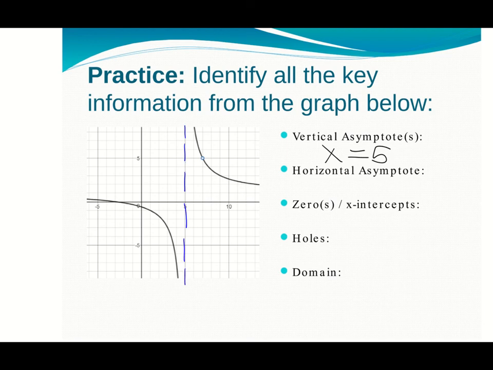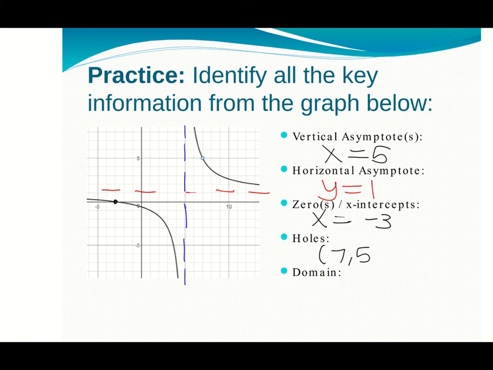The horizontal asymptote is going to be at y equals 1. Our 0 is going to be approximately at x equals -3. We have a hole at exactly 7, 5.